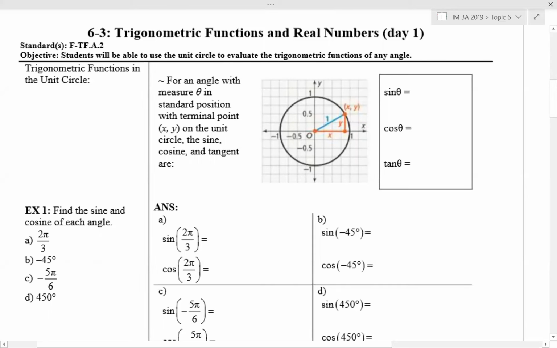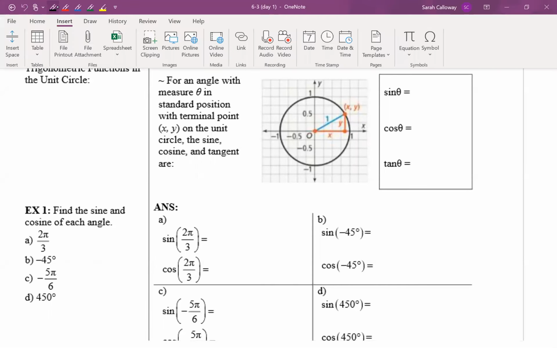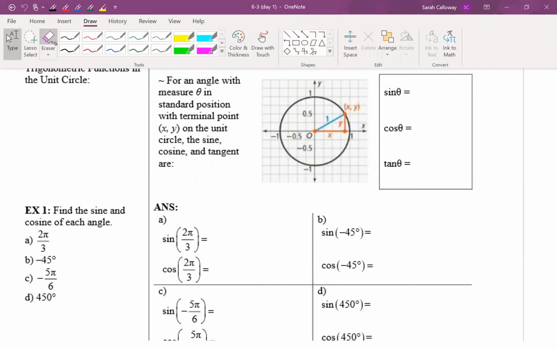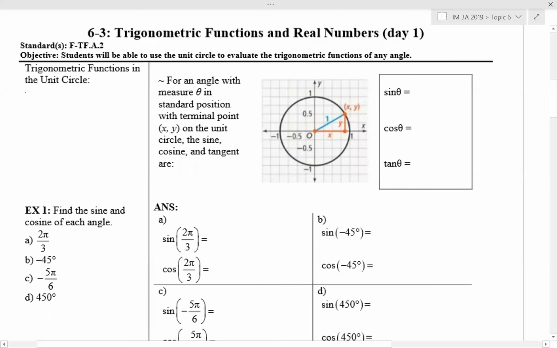So one thing to remember is that we have already reviewed the mnemonic device SOHCAHTOA, which tells us the trig ratios for each of the three basic trig functions, sine, cosine, and tangent.